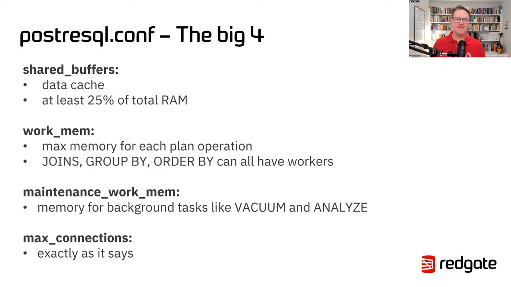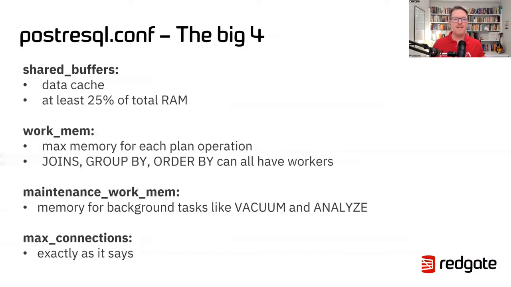You actually have to specify a chunk of memory that is reserved for your frequently queried data to be stored in memory. And so things like cache hit ratio actually matter a little bit more in Postgres because you have the control of that space. And then the rest of the memory is used for other things like query plan processing and so forth. So you really need to understand shared buffers, how to set that most effectively for your environment.